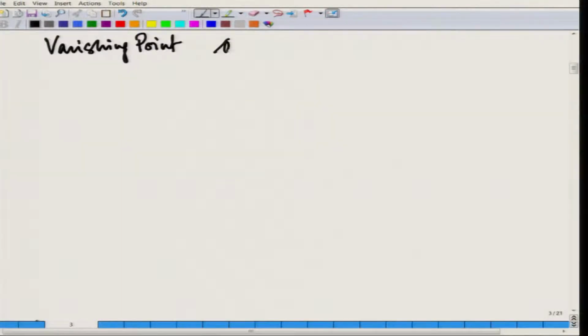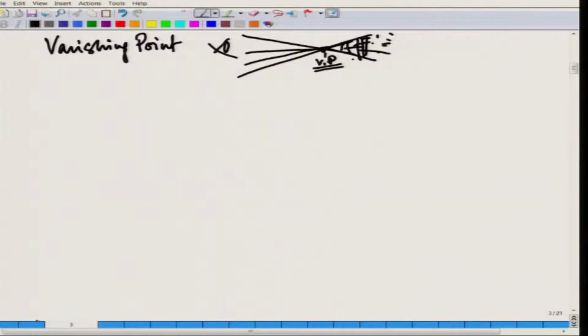A point where everything resides and by the convergence it all ends into a small point and after this point everything disappears. So, we do not get to see the appearance of any object beyond this particular point, which is known as the vanishing point, and we know it.